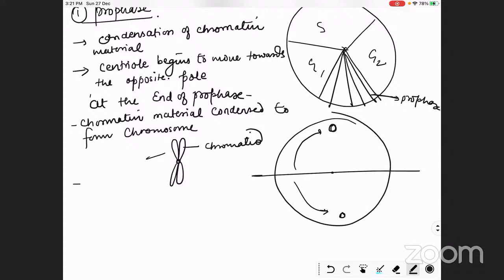Initiation of assembly of mitotic spindle. Spindle fibers are formed. Okay, so these are the spindle fibers. Basically, I will tell you in the diagram.